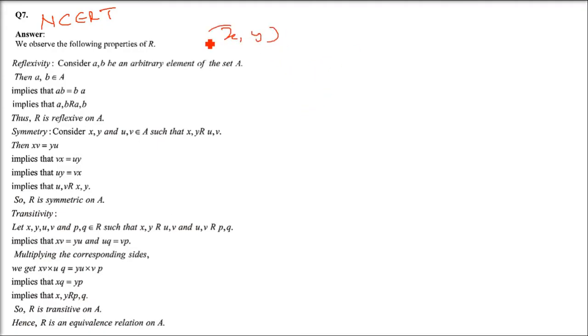Here ordered pairs are related to each other, not the elements of the ordered pair. And how are they related? For x, y, u, v, the extreme ones, x into v, if you multiply them, it is equal to the internal multiplication, y into u. So x into v is y into u.